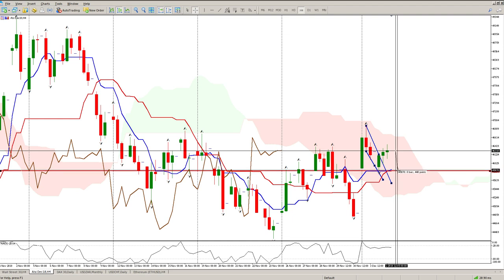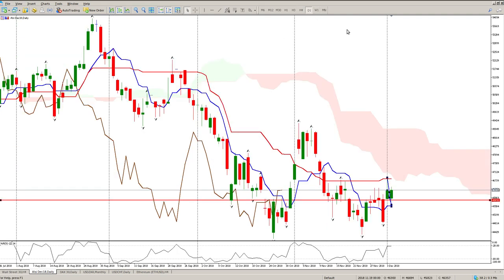What is a short pullback? 450 point pullback, and then another move up. But I think the key thing here is while we are inside this cloud, we're going nowhere. Until we break up or down from in the cloud, then we're going to get a direction. But for now, this is sideways, this is ranging. So that's what basically the cloud is saying. Whenever you're in the cloud like this, you are ranging.